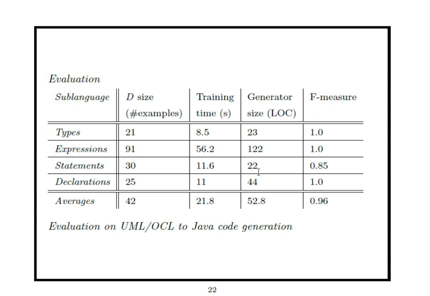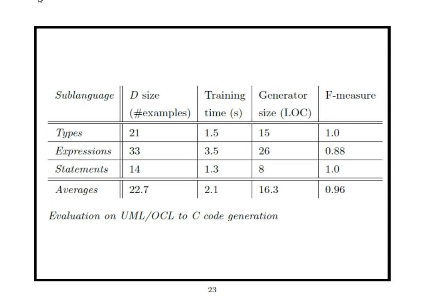The code generator size is also quite small. And the training time is relatively practical, it's a matter of seconds. The F measure indicates the accuracy on the validation data sets. Likewise for C, somewhat smaller examples here, but again quite practical in terms of construction.